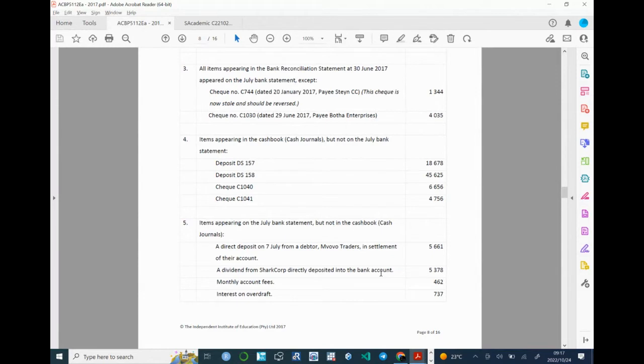How do we reverse a stale check? Okay, what does a stale check affect? Yes, it's going to ultimately affect the bank, but before we get to the bank, okay? When I write her a check, it's because of services that she's provided or a product that she sold to the business.